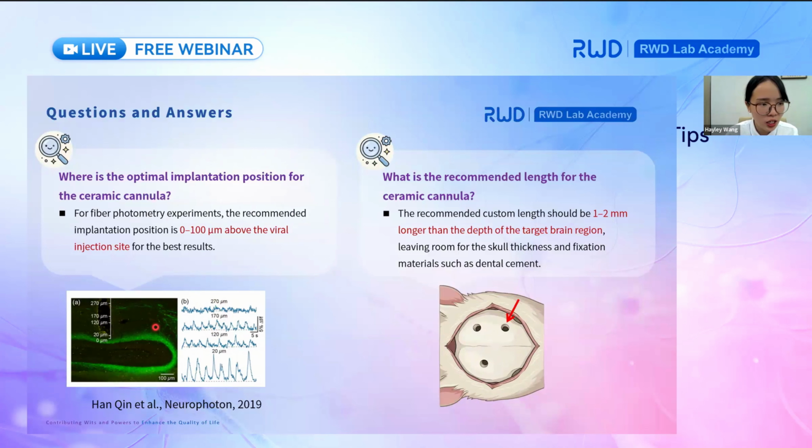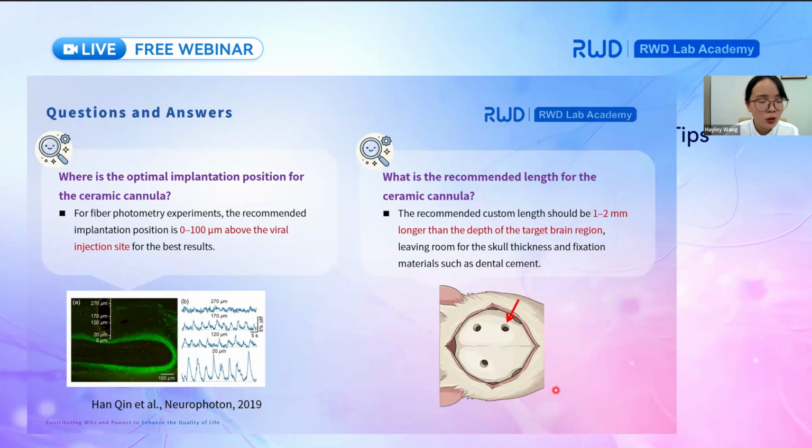If the distance is too large, as you can see from this picture, the detected fluorescent signal may decrease. But calcium indicators and neurotransmitter sensors have gone through many iterations with new virus, so a slightly larger offset is often still acceptable. It is generally recommended to run a small pilot experiment first to optimize the setup.